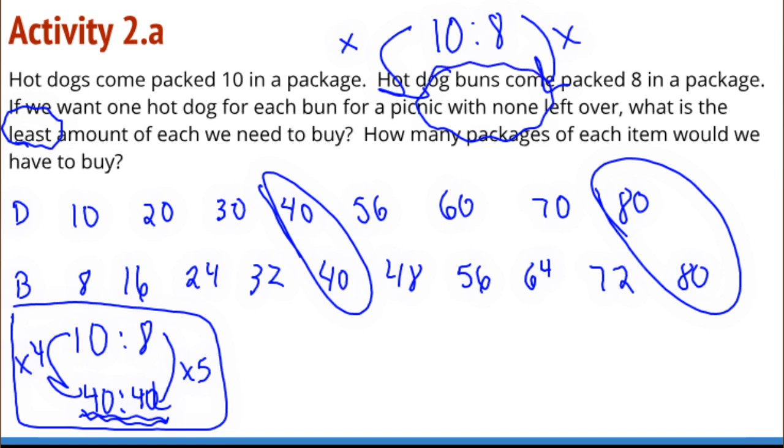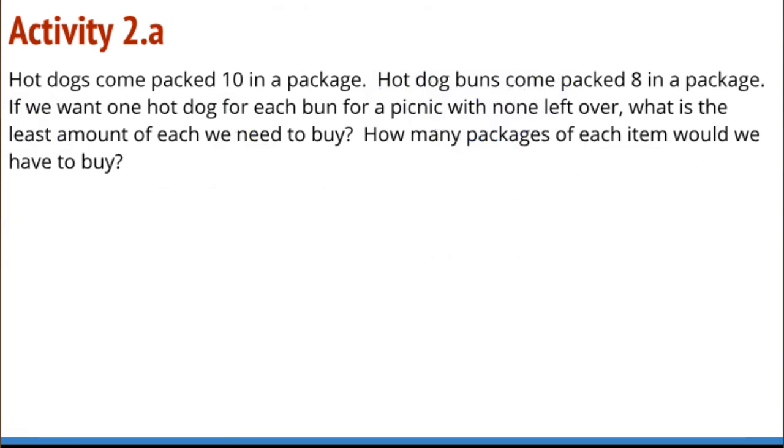So we are changing the ratio value here because we want to equal out to a 1 to 1 ratio. And the answer becomes, I'd like to have a 40 to 40 because that is the least common multiple. So I know that I would need 5 packages of the buns and 4 packages of the hot dogs. So a nice connection to our ratio thinking there and extending our thinking a bit.